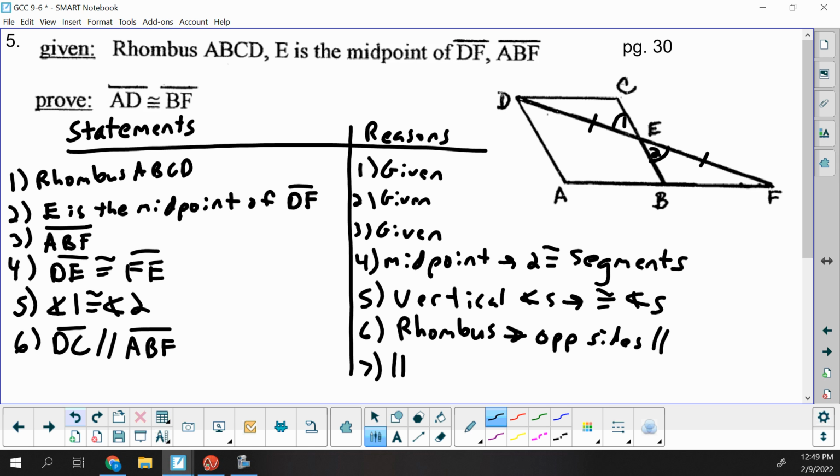Well, once we have parallel lines, we can do parallel lines implies congruent alternate interior angles. So we have 2 options for doing a zigzag. I'm going to do my zigzag going this way, where 2 of the parts of the zigzag should be the parallel lines.